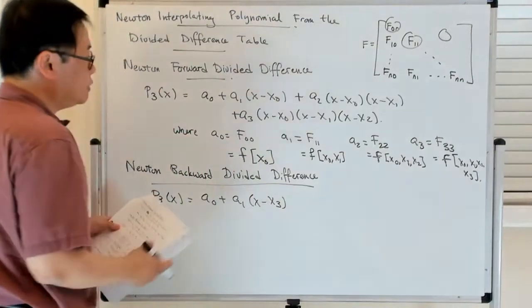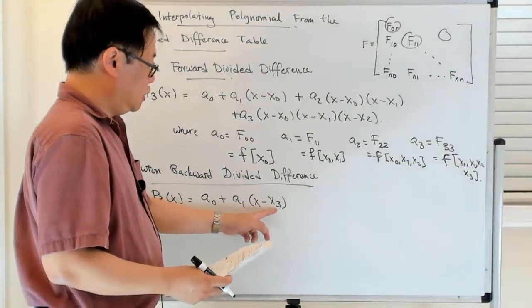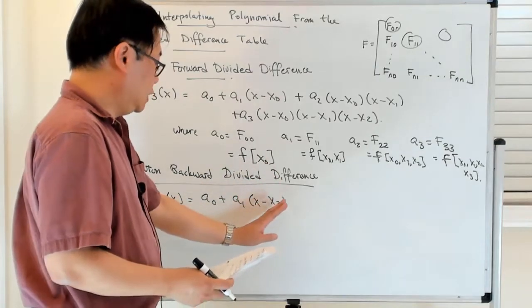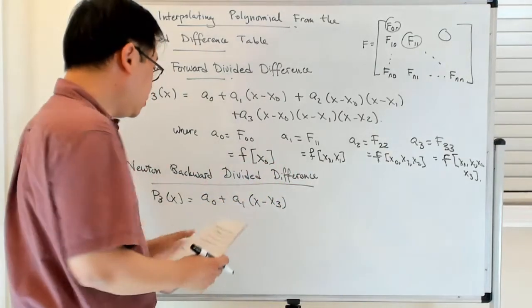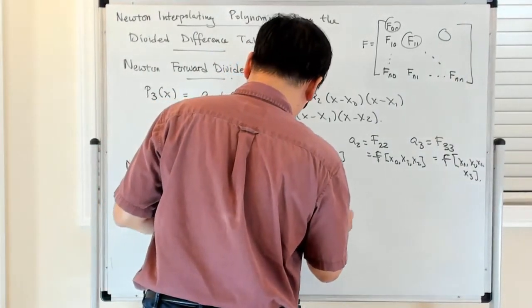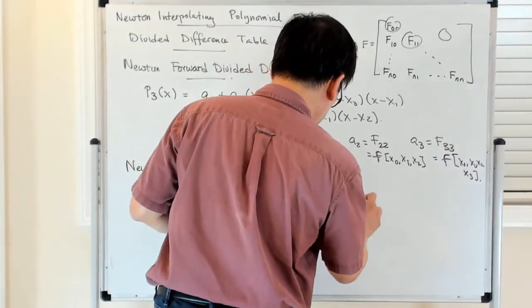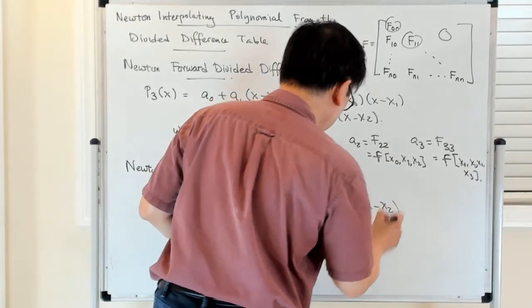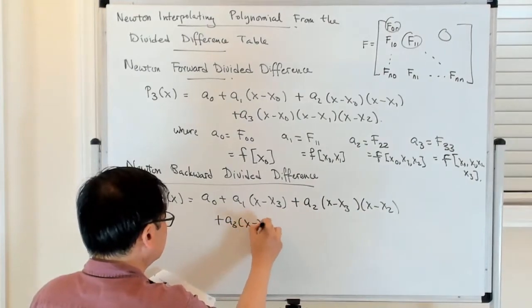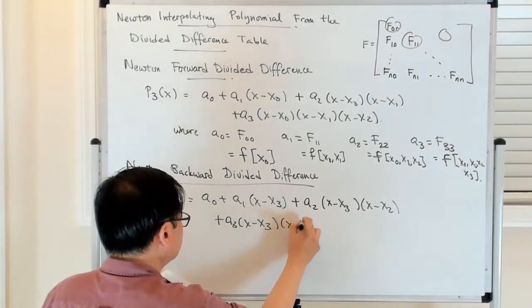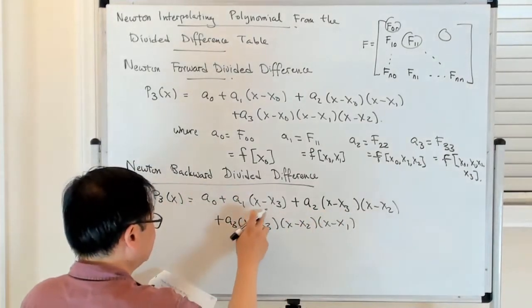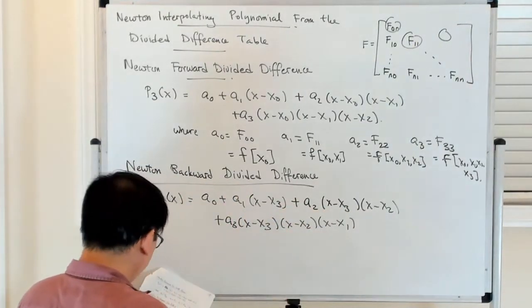It's called backward because these factors are ordered in the backward fashion, corresponding to positions in the backward order.